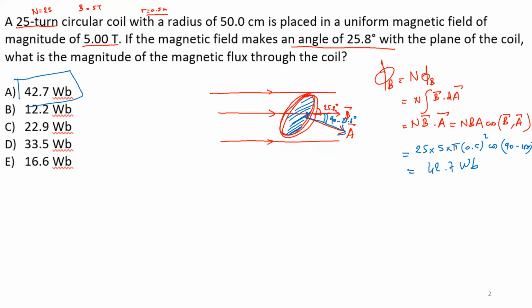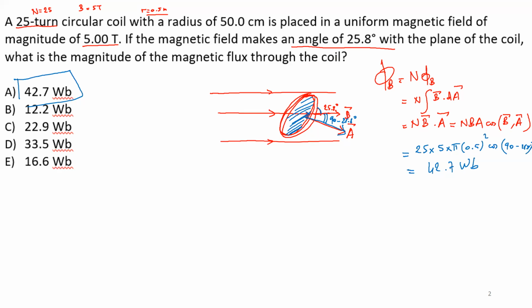The only thing you need to be careful about is that the area vector is normal to the surface of the plane of the coil. The angle that I'm giving you here is the angle between the magnetic field and the plane of the coil. But I don't need that.